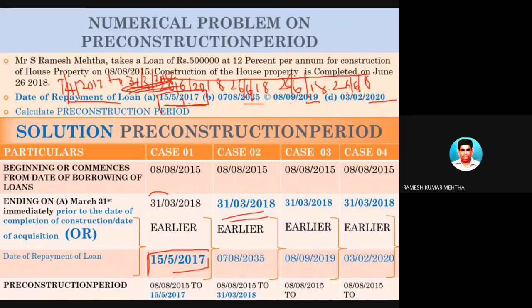In the second case, 31st March 2018 is compared with the repayment of loan on 7 August 2035. In the third case, 31st March 2018 is compared with 8th September 2019. And in the last case, 31st March 2018 is compared with 3rd February 2020. How do you compare, and what is the mode of comparison?